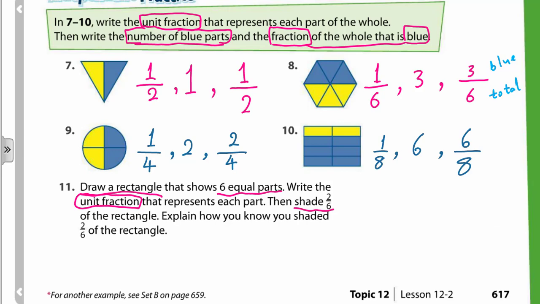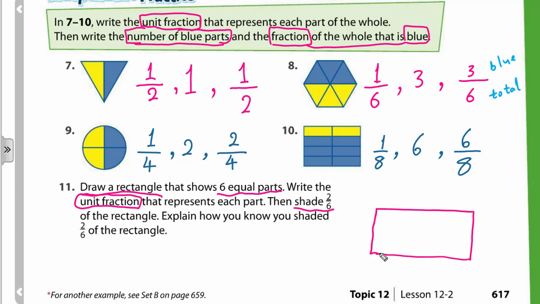Okay, so the first step, we need to draw a rectangle with 6 equal parts. So everyone, my heroes, draw this rectangle. Okay, I'm drawing it. And we will divide it into 6 equal parts. Oh, this is very long, so I will make it a little bit smaller.